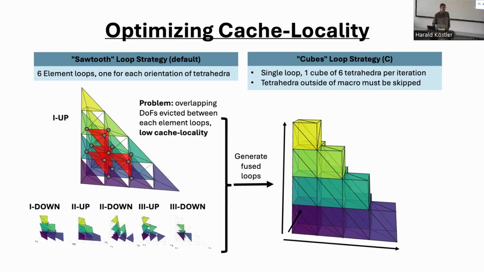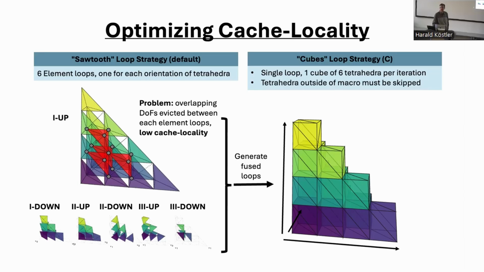If you fuse too much, of course you save data traffic, but the kernel might become too fat, and then there are register spills. The compiler doesn't really know what to do with dependencies and registers. So is there any control in the code generation where you could say, okay, if the kernel is longer than X lines of code or has more than X variables, please stop and leave it split? Is that possible?